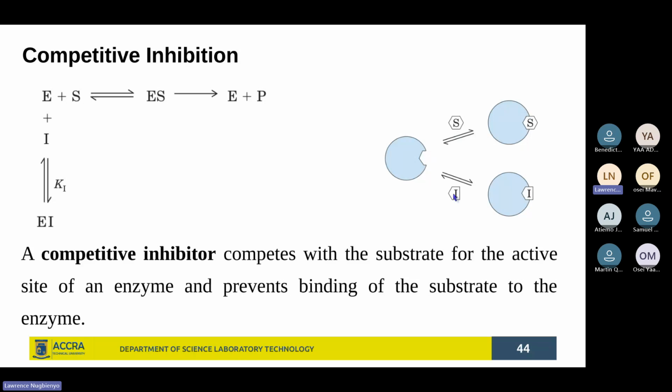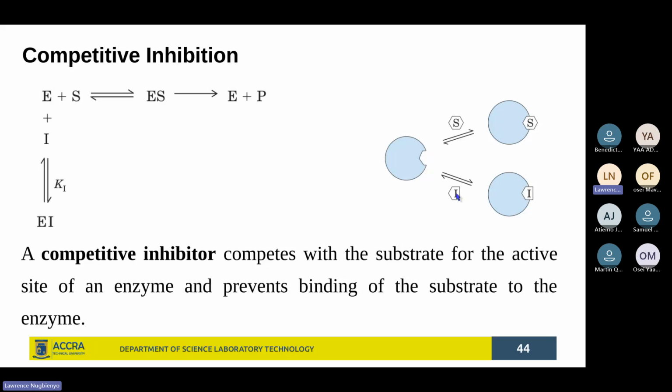But you see that there is a molecule I, which looks like the substrate S, but it is not the substrate. You can say it is a structural analog of the substrate. It has a similar structure, but it doesn't have the same function as the substrate.